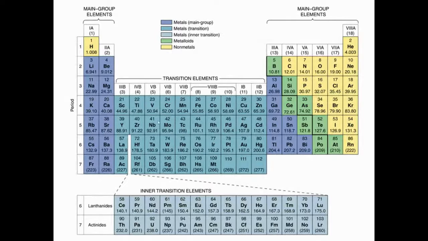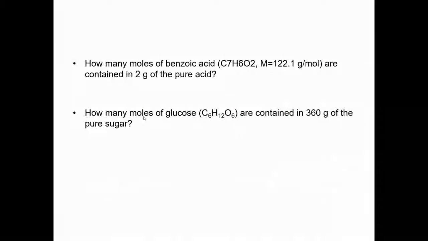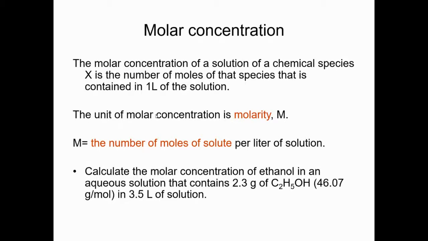The reason I teach you more is because the next concept is molarity. For molarity, you need to know the mole first, and then you need to know the volume. The molar concentration of a solution of chemical species X is the number of moles of that species contained in 1 liter of solution.